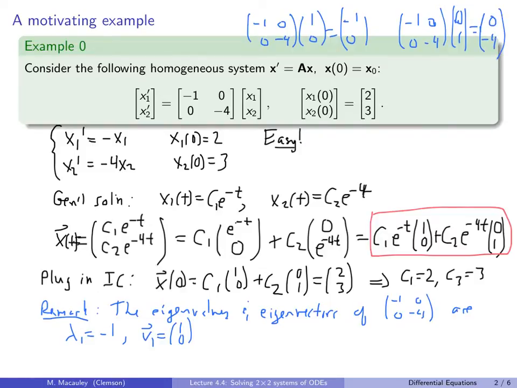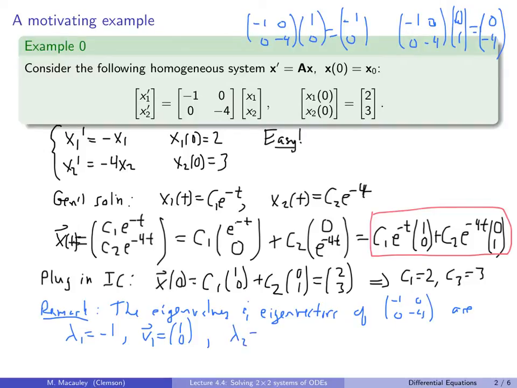So this is an eigenvector with eigenvalue -1, and this is an eigenvector with eigenvalue -4. And you can see the pattern, what the eigenvalues and eigenvectors are going to be for any diagonal matrix. We could say this is diagonal because everything off the main diagonal is 0. So anyways, the eigenvalues and eigenvectors are this, and then the other one, I want to say lambda 2 first.